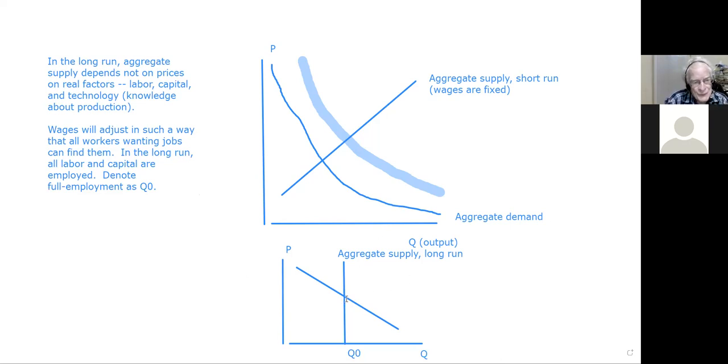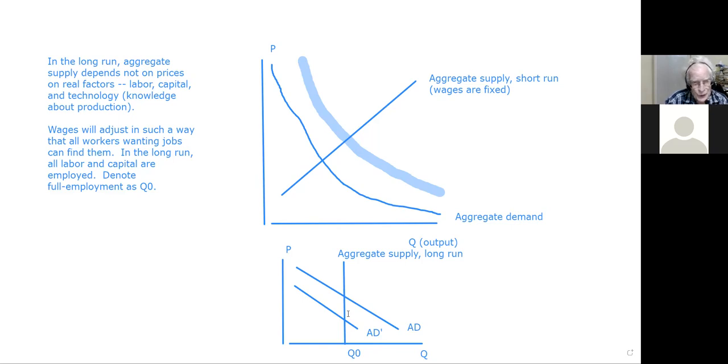So, for example, suppose that we have a fall in aggregate demand. So there is the new aggregate demand function.